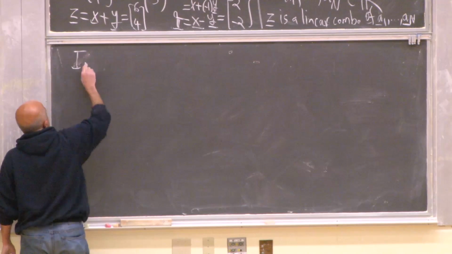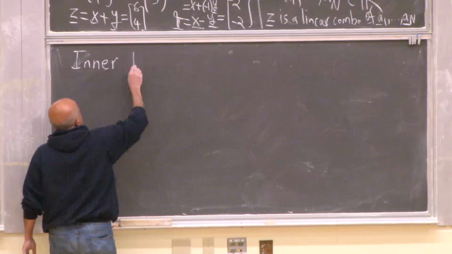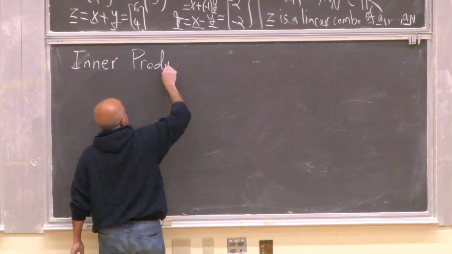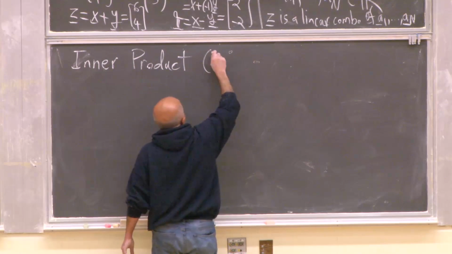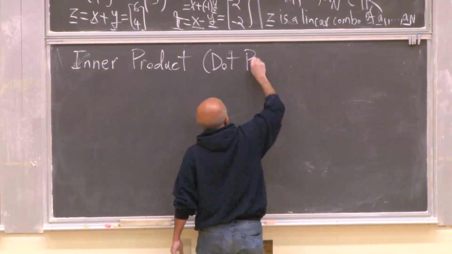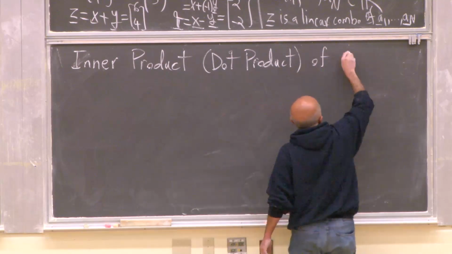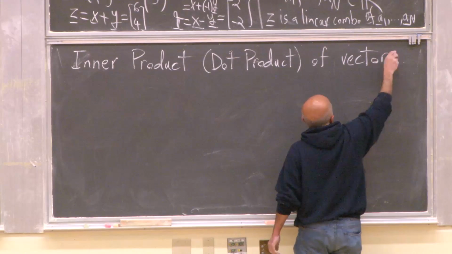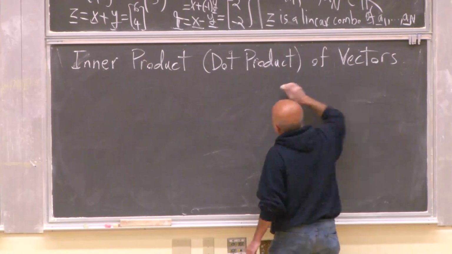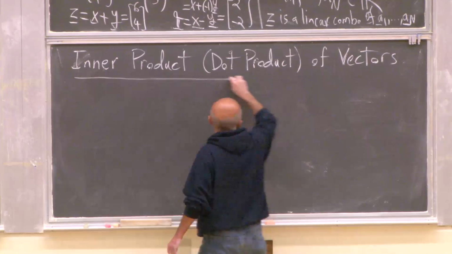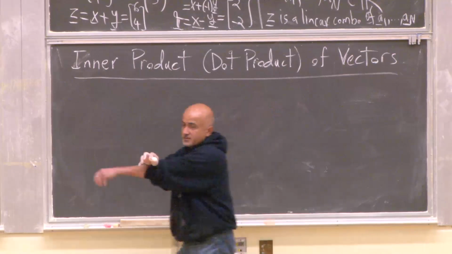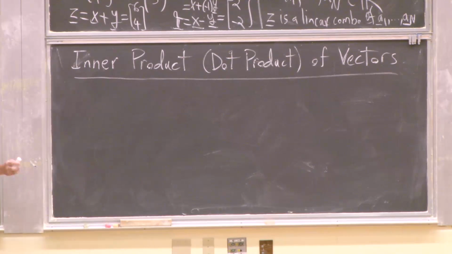And that is the inner product, or some of you might know it as a dot product of vectors. I won't delve too much into this. I'll talk about it much more later.